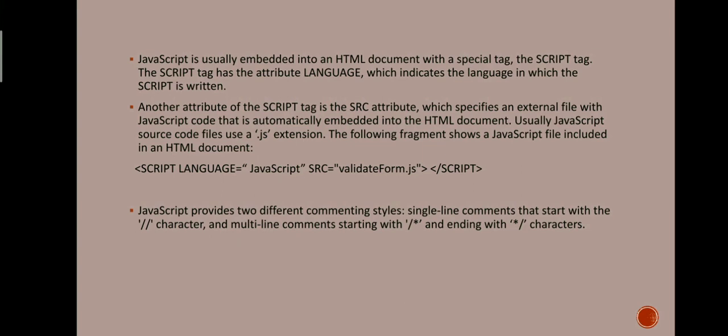JavaScript provides two different commenting styles, a single line commenting style and a multi-line commenting style. A single line comment starts with a double slash, and a multi-line comment starts with a slash and a star and ends with a star and a slash.